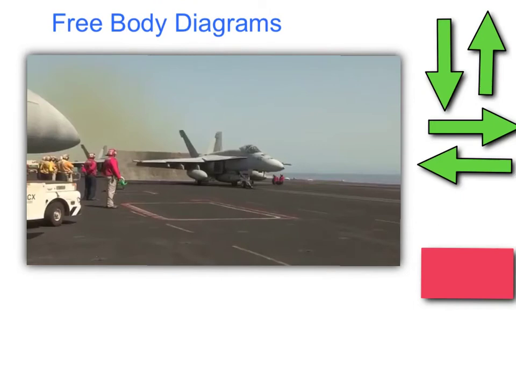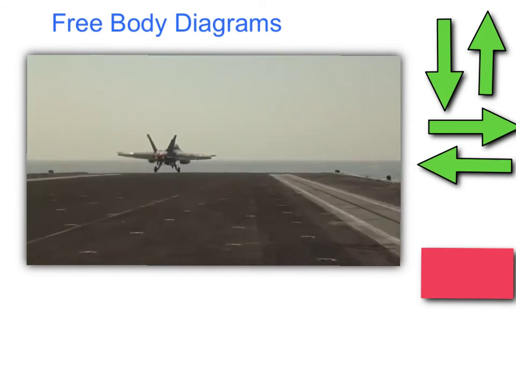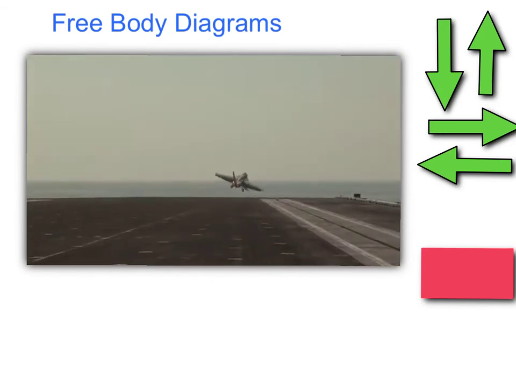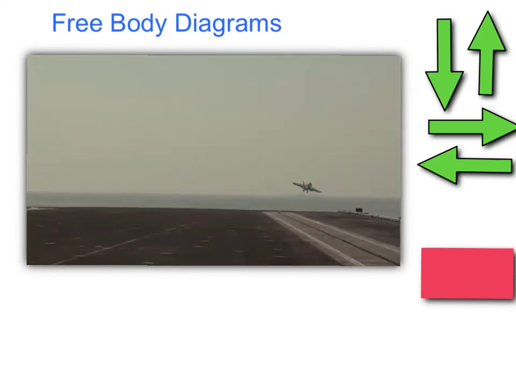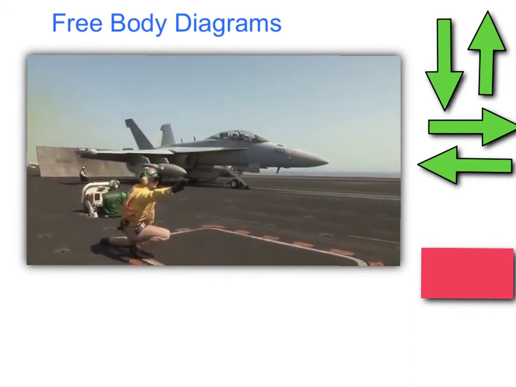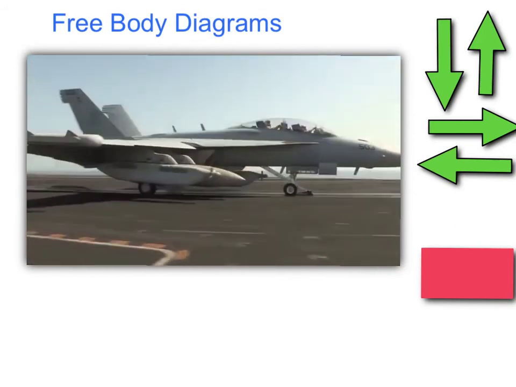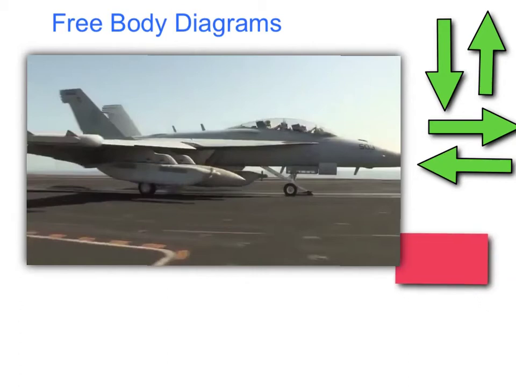Okay, let's go ahead and see another video. An airplane taking off with an air carrier, a lot of acceleration. Let's see another one. And we stop it. Why? Because we're going to go ahead and create a free body diagram for the plane.